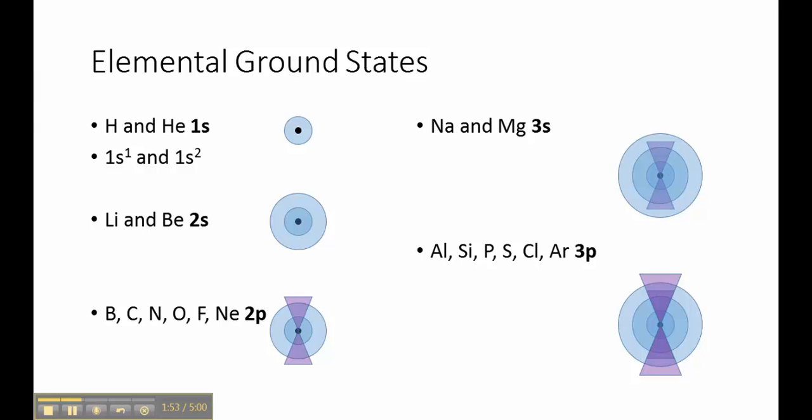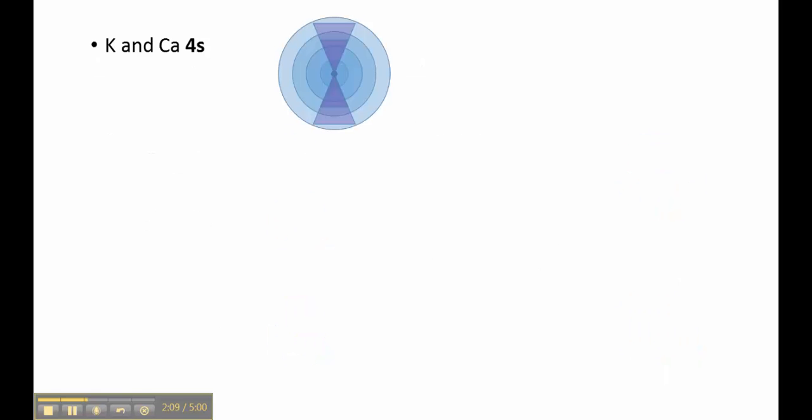Notice that for all of our ground state images, the outer edge is either an s or p subshell at all times. Those are the valence electrons that are available to react with other atoms. Here's 4s. Again, the 4s orbital is larger than the 3p triangles.